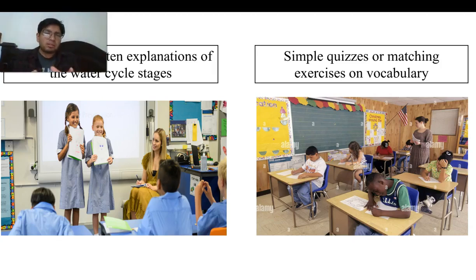Finally, I'll conduct simple quizzes or matching exercises on the vocabulary so I can make sure that they understand not only the topic, but also the language that was used to explain the topic. That way I can make sure whether my class was a success or whether I need to change something to make it a success.